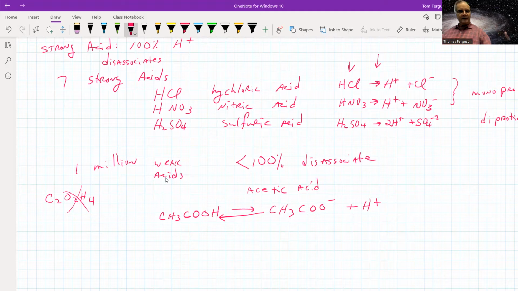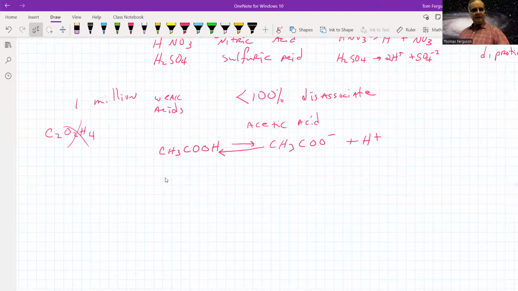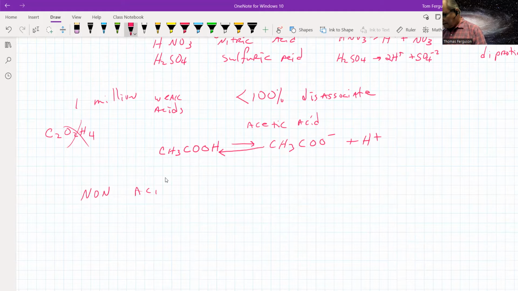Okay, and the last category is going to be a non-acid. And we're talking about wine, so let's talk about an example of a compound. Ethanol.